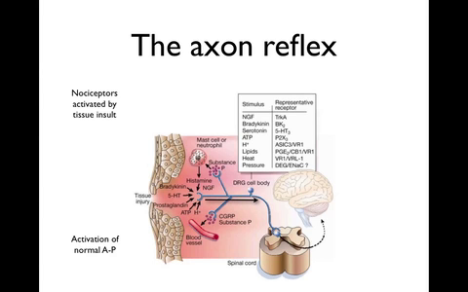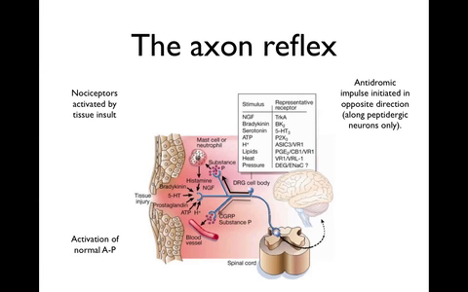Now what we also see is we get an antidromic impulse that goes in the opposite direction. An antidromic impulse just means the opposite to orthodromic, so they're going down the wrong way or backwards, and it goes back down towards the terminals, leading to release of neuropeptides at the periphery. So hopefully at this point you're remembering the different types of C-fibres.